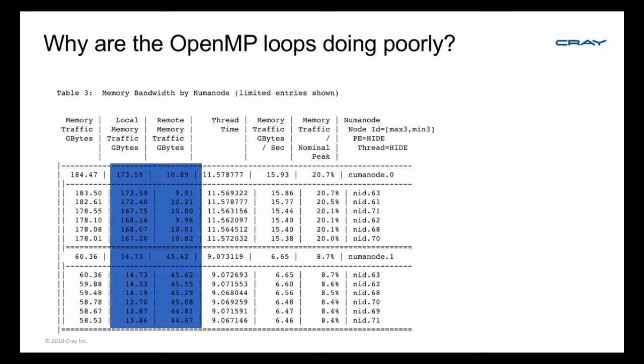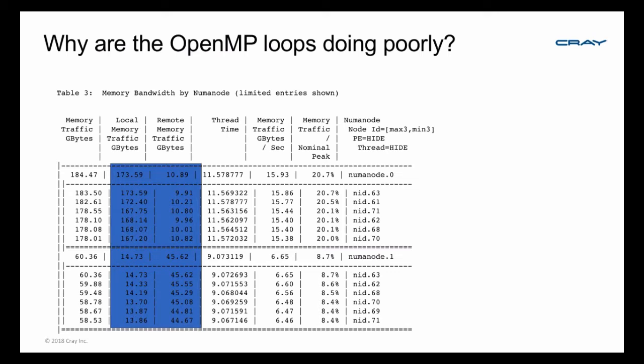So what this is saying is the threads on the first socket are actually getting most of their data from the first socket. But the threads on the second socket, which are down in the second section, are getting most of their data from the other socket.